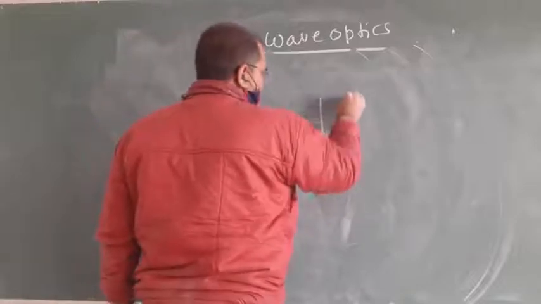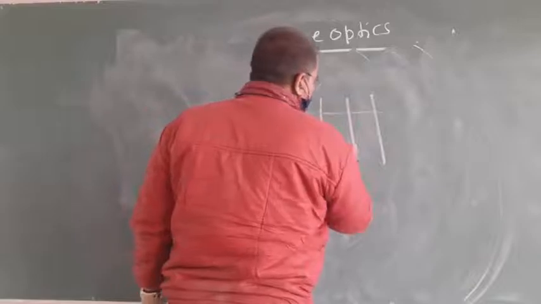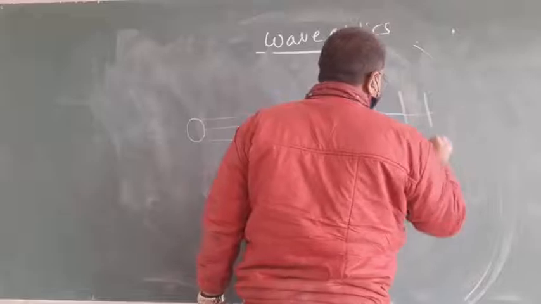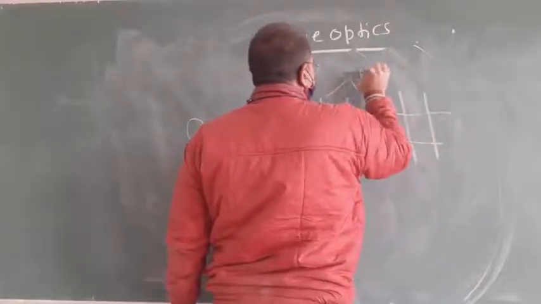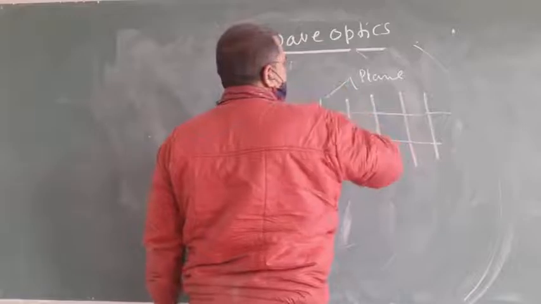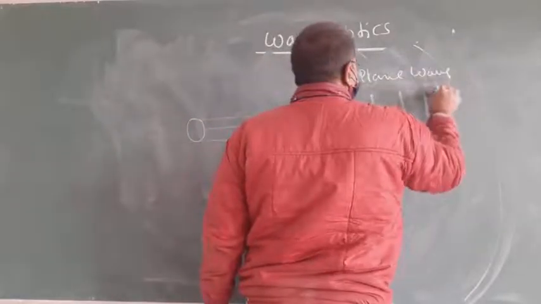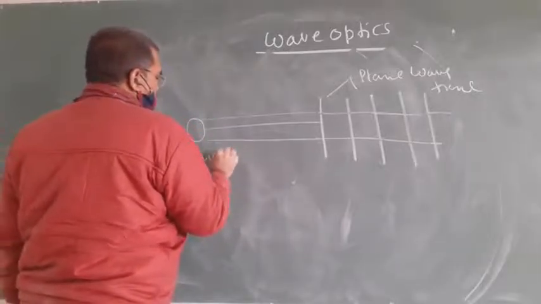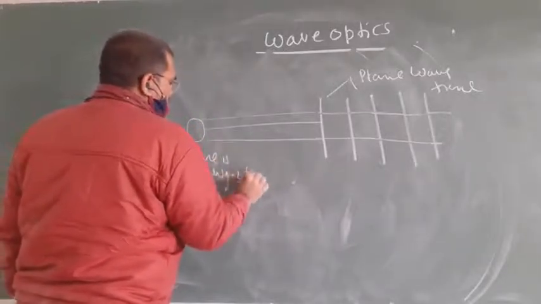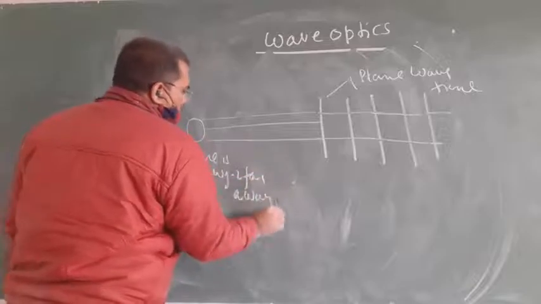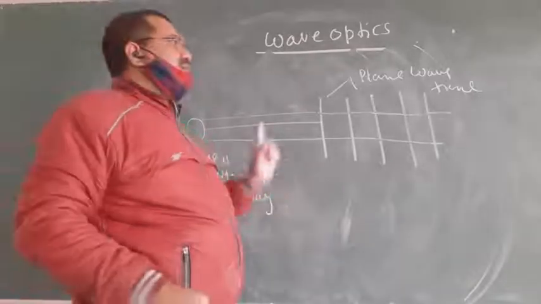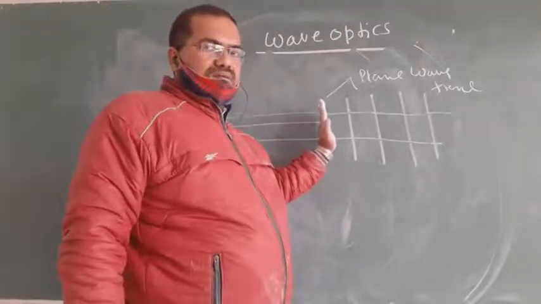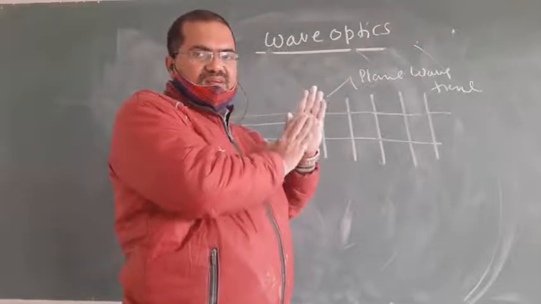Plane wavefront. This is the side view. The plane wavefront will move in the forward direction. When the source is very far away, the wavefront will be planar. Actually, this is the wavefront. This is the front view, planar wavefront, but this is the side view.